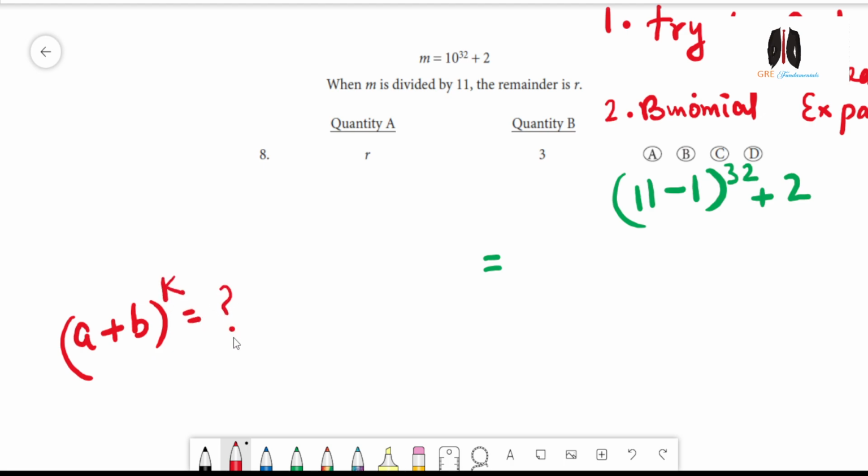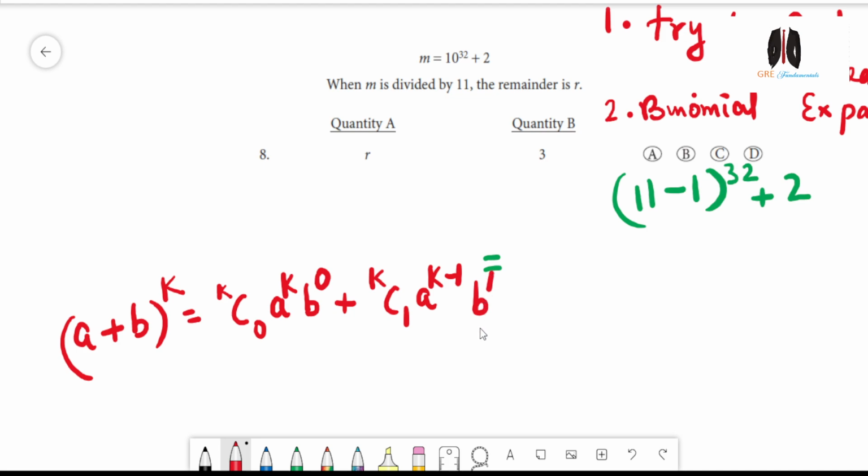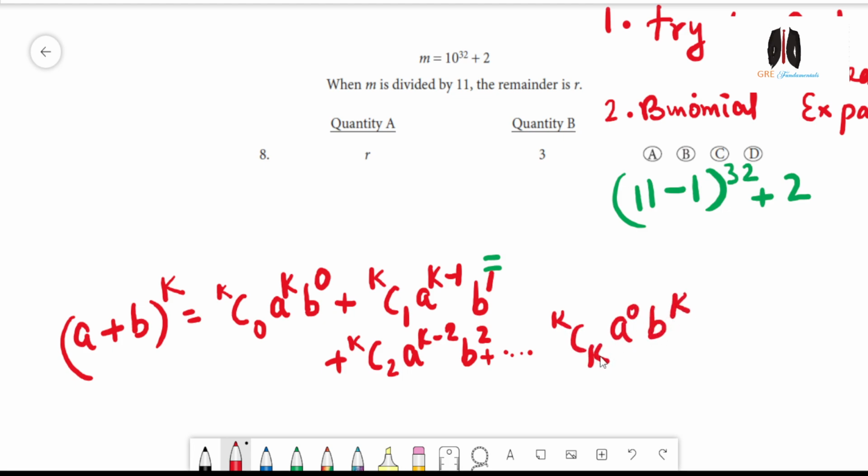It is equal to kC0 a to the power k b to the power 0, plus kC1 a to the power k minus 1 multiplied by b to the power 1, plus kC2 a to the power k minus 2 b squared, and so on up till kCk a to the power 0 b raised to power k.